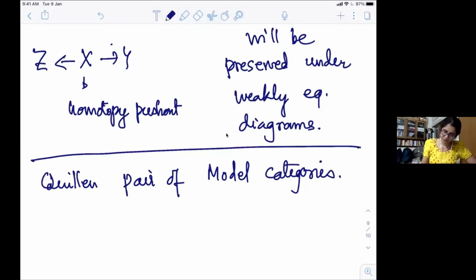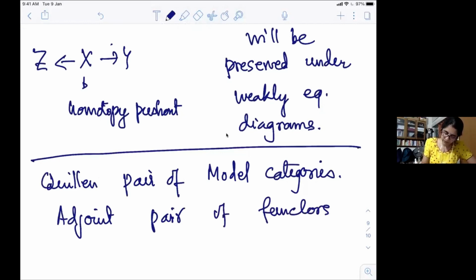So this is just an adjoint pair of functors. I have M is a model category and N is a model category. Then I have an adjoint pair, L and R, a left adjoint and a right adjoint.